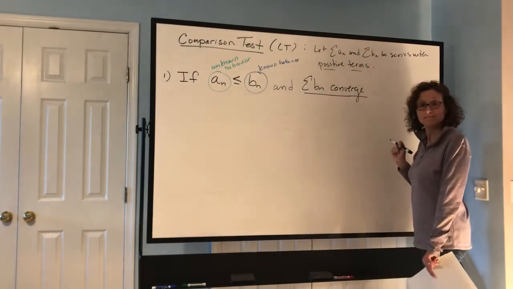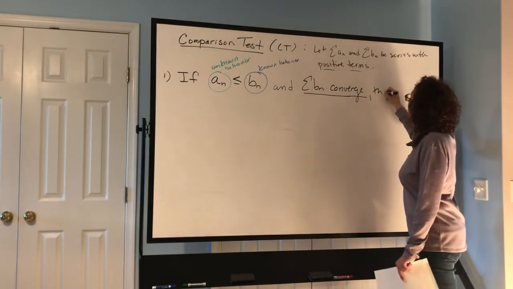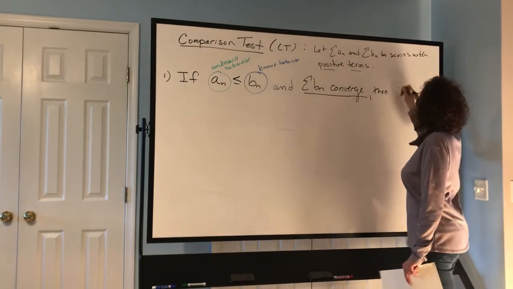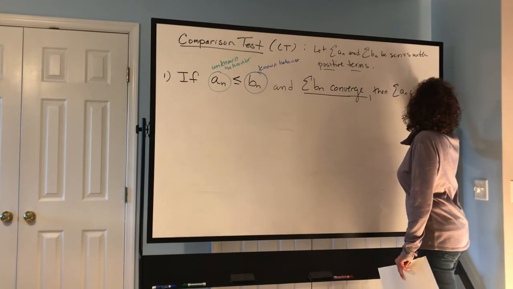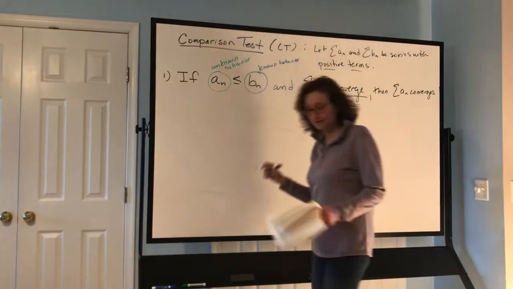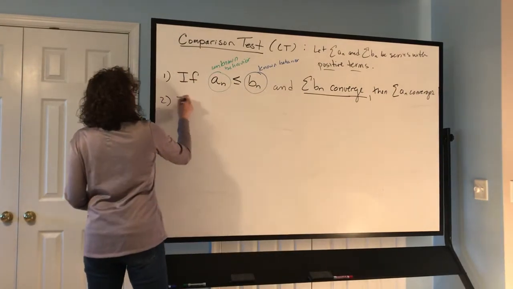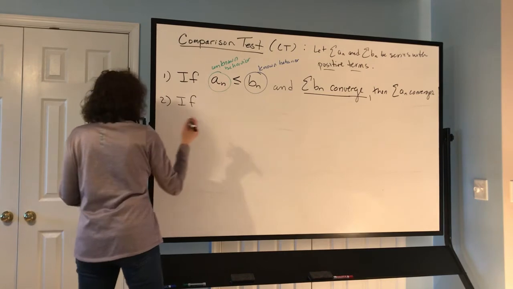If I know the bigger guy converges, the comparison test says the smaller guy converges. Makes sense, okay?